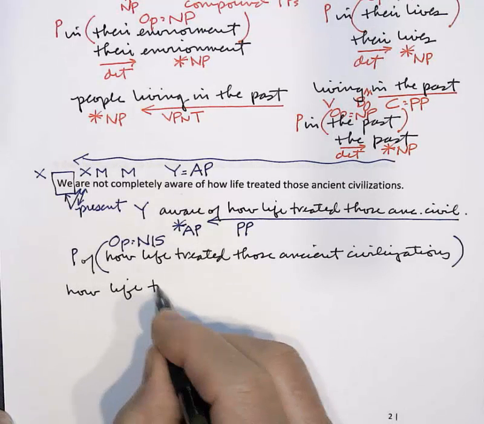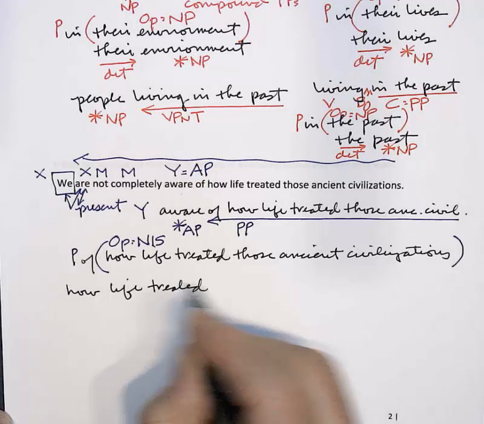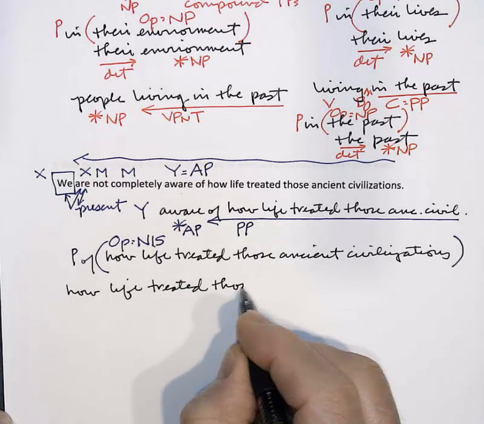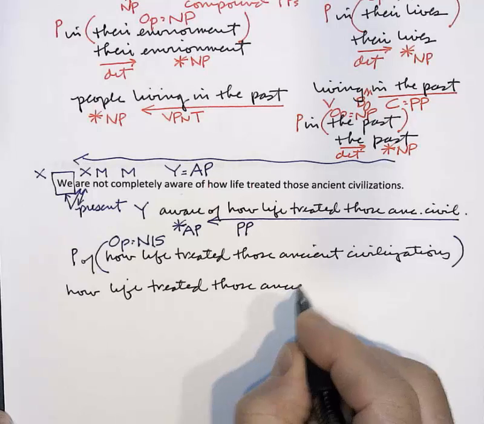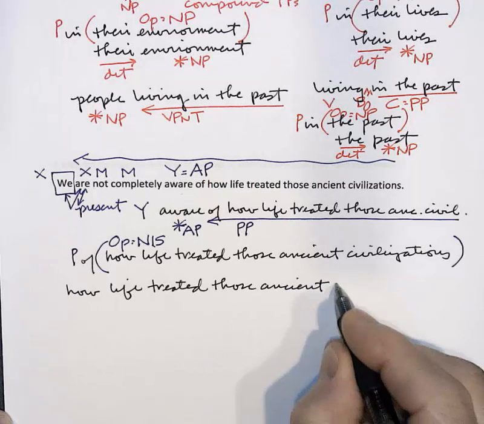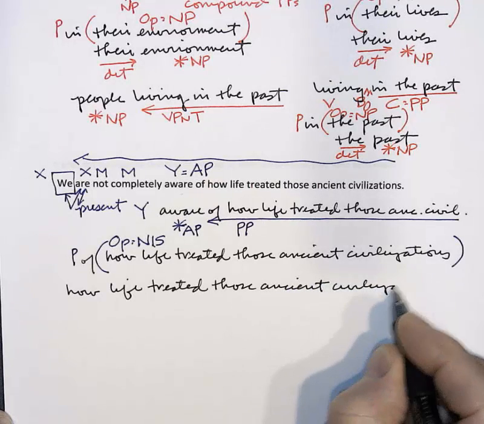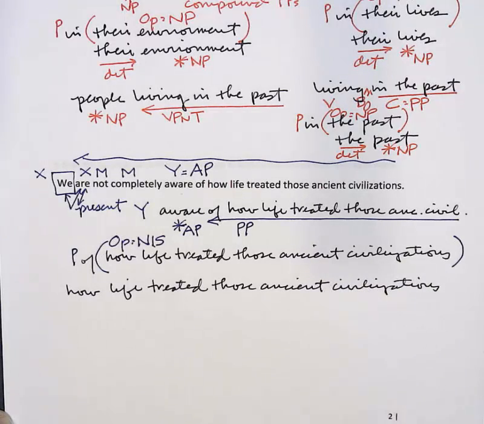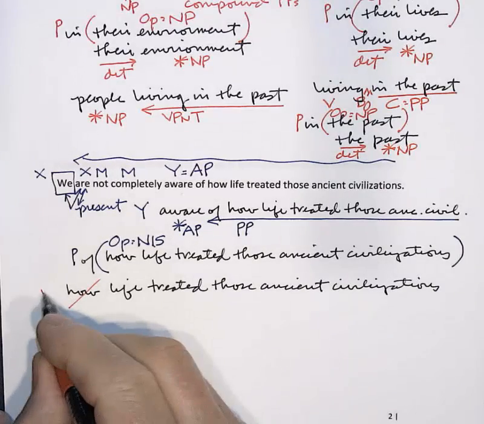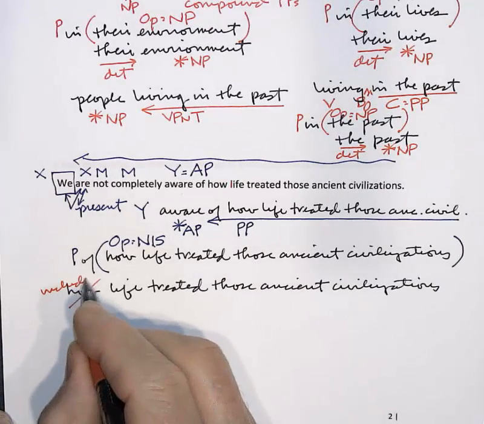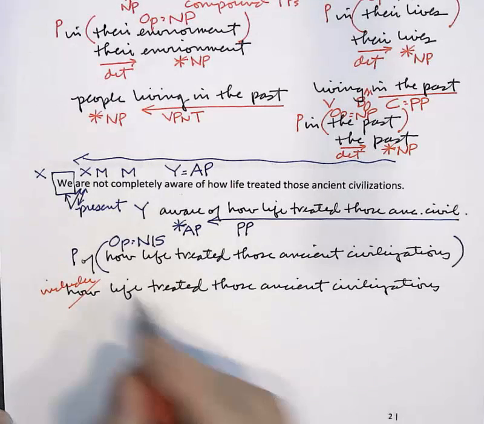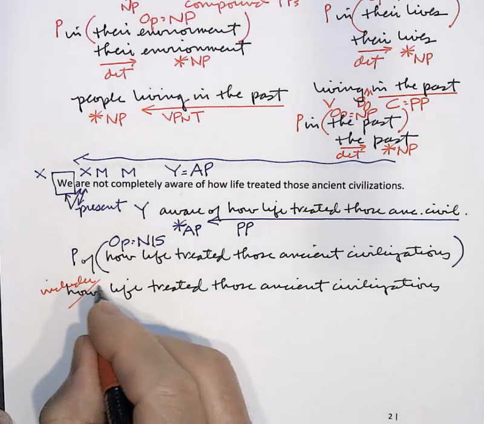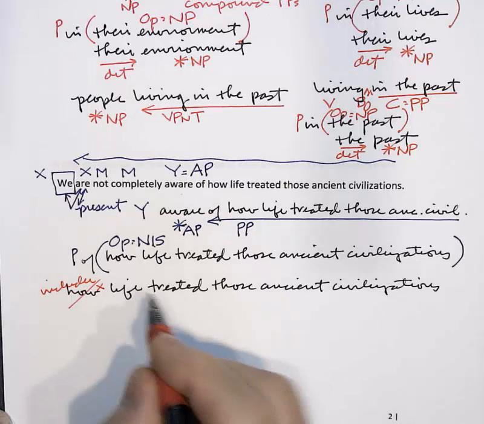How life treated those ancient civilizations, and how is the includer. I don't see any shifters. Did life treat?